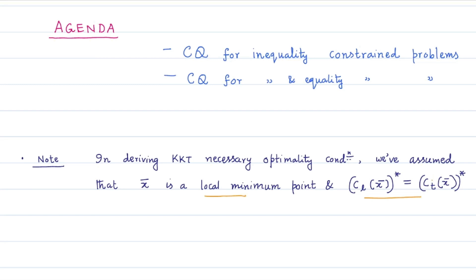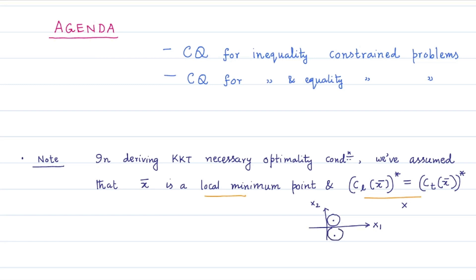After deriving the result for the KKT necessary optimality condition, I gave an example where we have seen that if we just go with x bar being a local minimum point, discarding this condition, then the point x bar might not be a KKT point. For example, you minimize the function x1 inside a constraint set given by the intersection of two circular disks, one centering at the point 1, 1 and one centering at the point 1, minus 1, of unit radius.